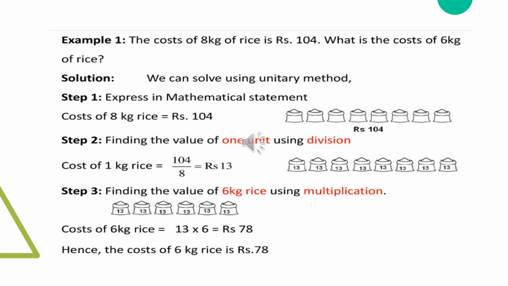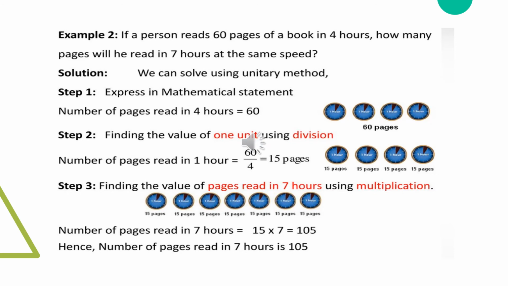More things will be clear with some other examples. We have one more example. If a person reads 60 pages of a book in 4 hours, how many pages will he read in 7 hours at the same speed? First, we express it as a mathematical statement: number of pages read in 4 hours is equal to 60.